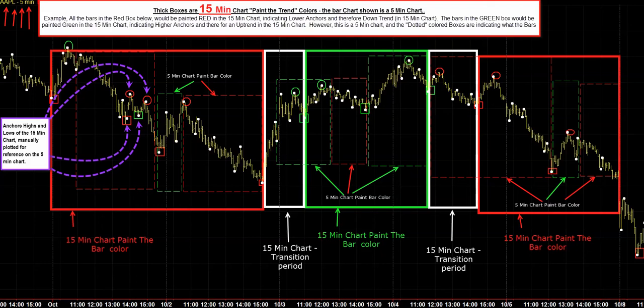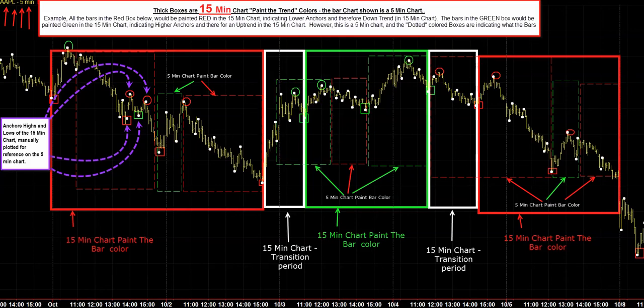Remember, to become green, we have to have one higher high and one higher low, and then we paint backwards. So ultimately, in real time, this here is in red, but only when we get to this point do we retrospectively go backwards and paint it green. So during this period, we are in no man's land.